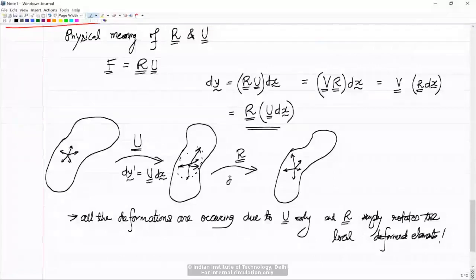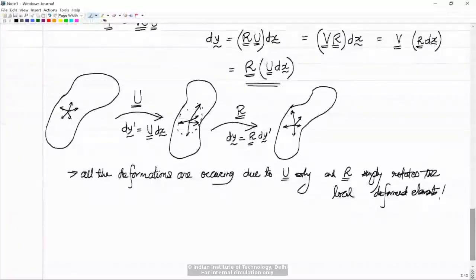And here finally you are getting dy, which is equal to big R into dy prime. But although this R is simply rotating the local deformed elements, it is not the global rotation of the entire body. It is just a local rotation.